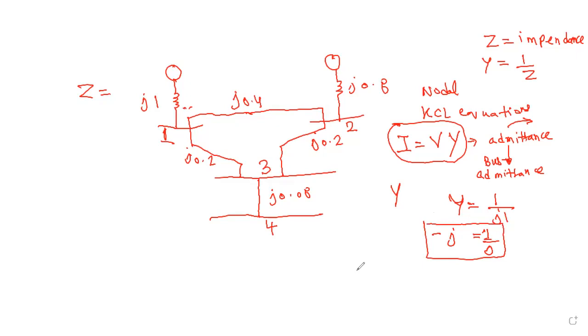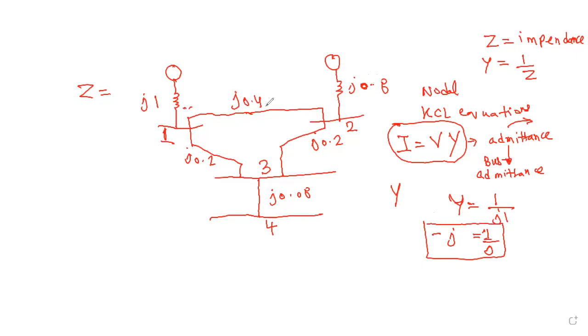Sir, is that j 0.8 at the second node? Yes, at the second node the value is 0.8. Now, can you convert this correspondingly?